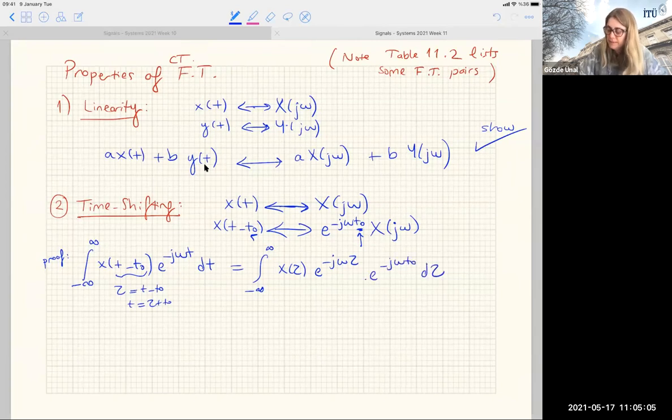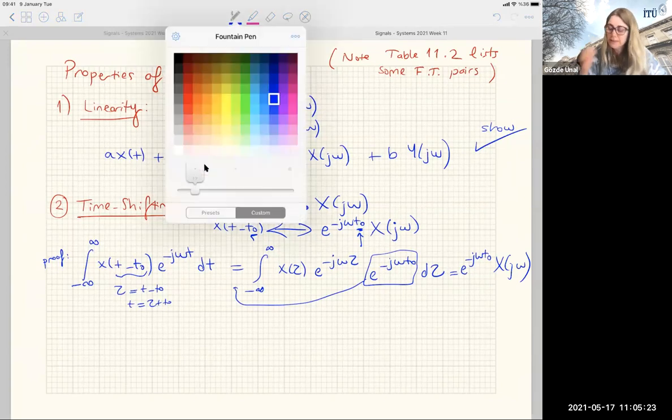And this is something that's not dependent on tau, so it can go out. That's why you see we have what we already showed. Okay? That's it.